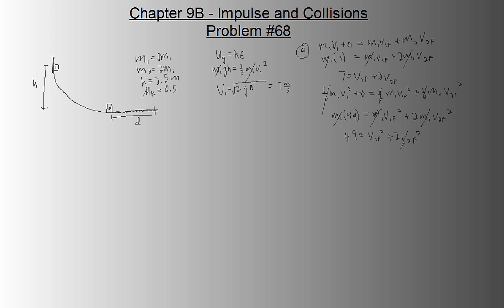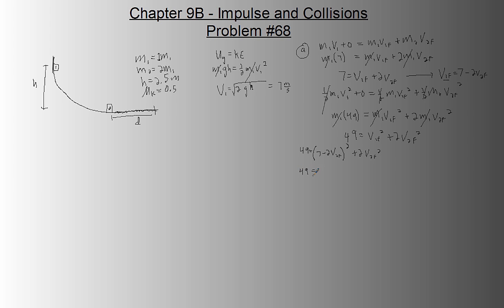Now we can take this, let's solve this for v1f. v1f equals 7 minus 2 v2f. Take this v1f and stick it in here. Ew, got a FOIL. 49 equals 7 minus 2 v2f squared plus 2 v2f squared.